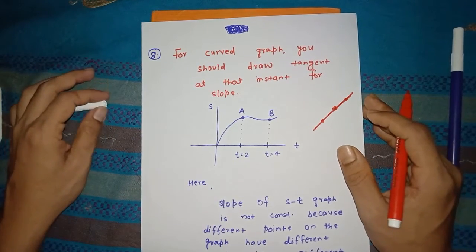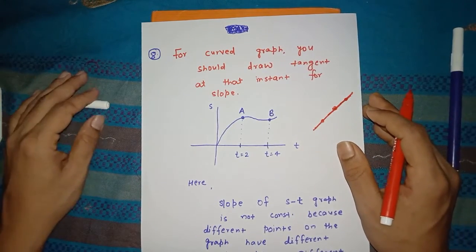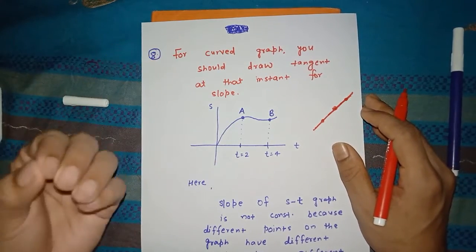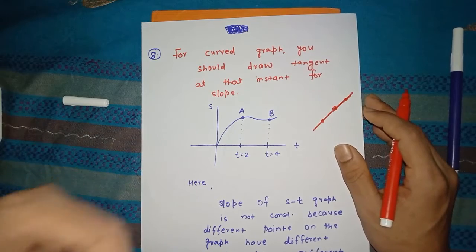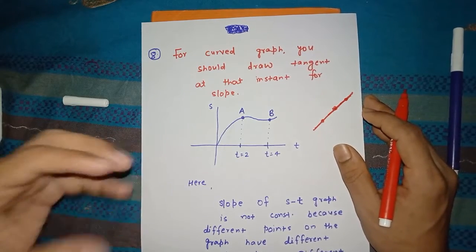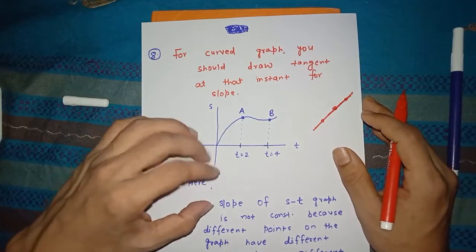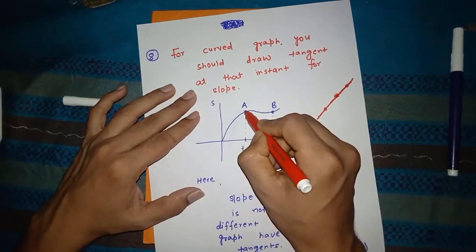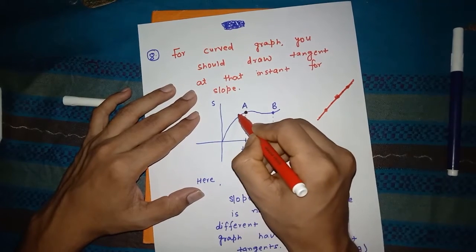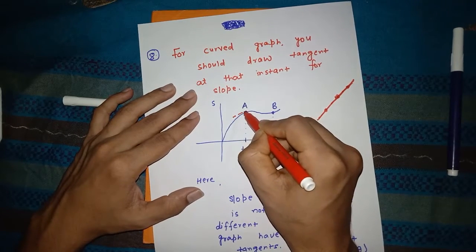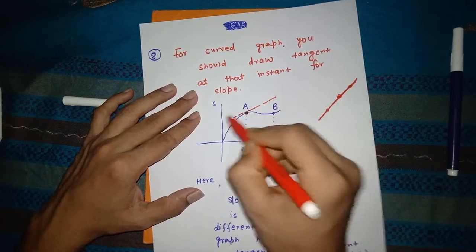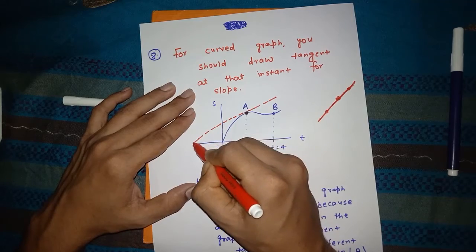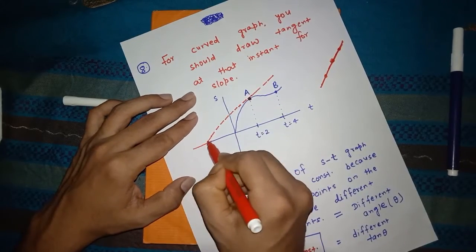to find the slope. You also observe that for the slope you have to draw a right angle triangle. That's why you need a straight line that makes some angle with the x-axis, and then you can find P and B for tan theta. So if I want to find the slope at point A, first of all I have to draw a tangent at this point. Now I must extend this line so that it makes some angle with the x-axis.